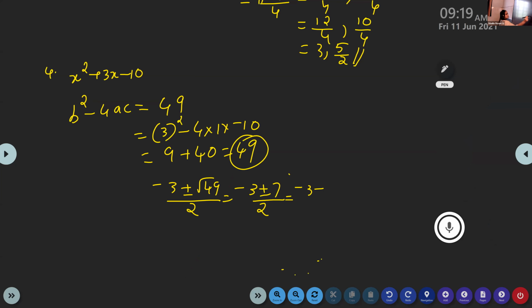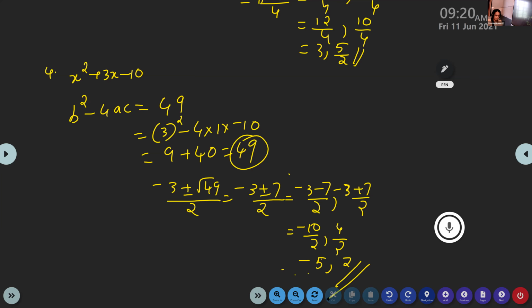So minus 3 minus 7 by 2 and minus 3 plus 7 by 2. That is minus 10 by 2 and 4 by 2: minus 5 and 2. So this is about the quadratic formula. Now, next one.